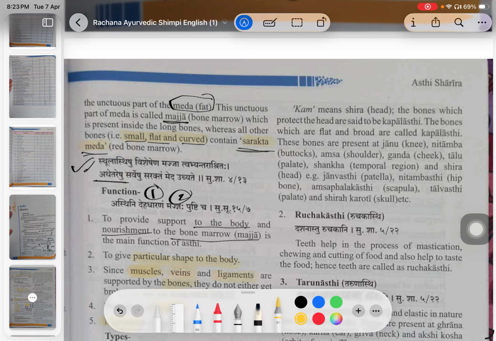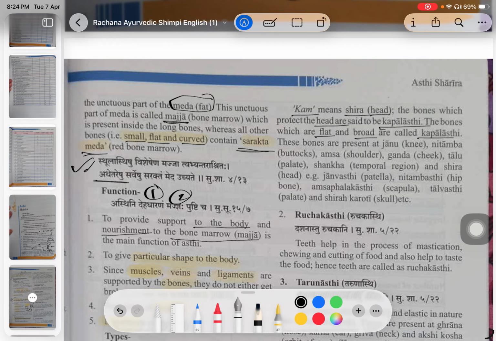If you study them in parts, we have the squamous part of temporal bone, frontal is also a flat bone, then occipital with some differences. So we can understand it by this. Kam means shira, head. The bones which protect the head are said to be Kapalasthi. The bones which are flat and broad are called Kapalasthi.